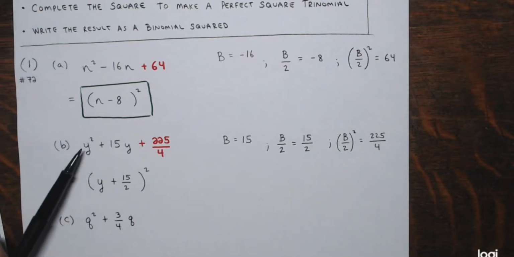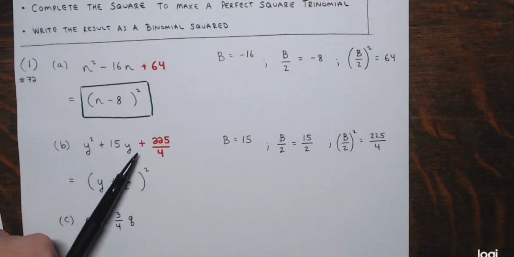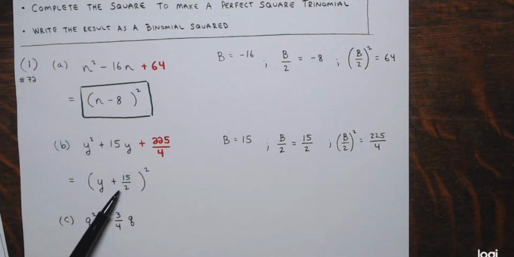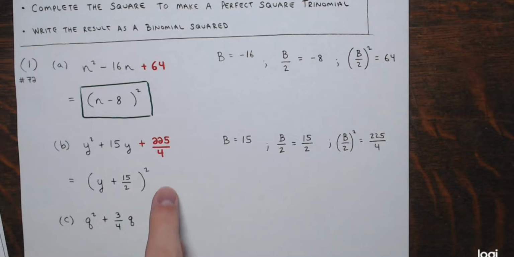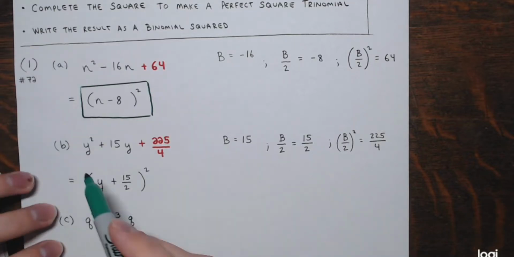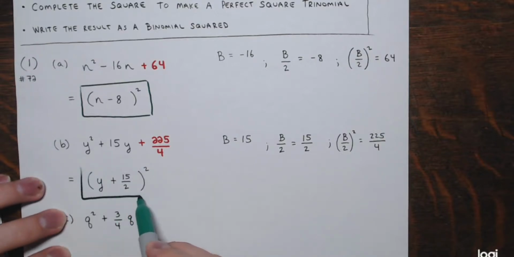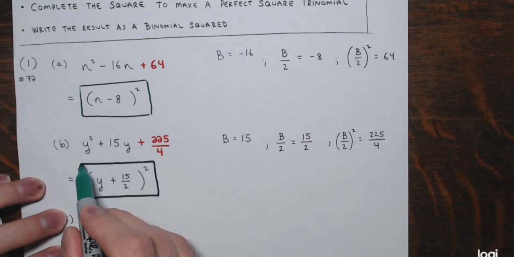So y squared plus 15y plus 225 fourths is the quantity y plus 15 halves squared. And I leave it to you to check. Take y plus 15 halves, multiply it by y plus 15 halves again, and FOIL and combine like terms. You will end up with y squared plus 15y plus 225 fourths, I promise you.